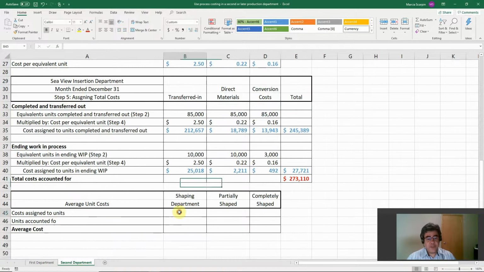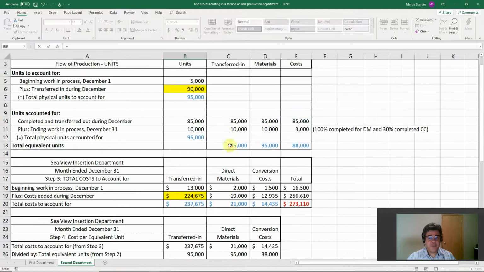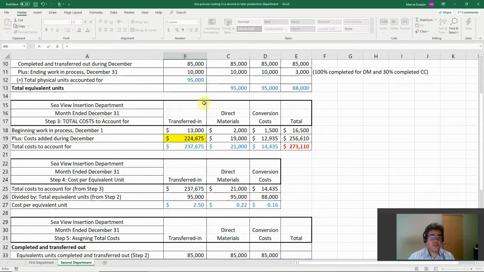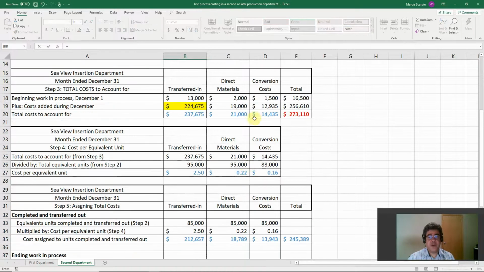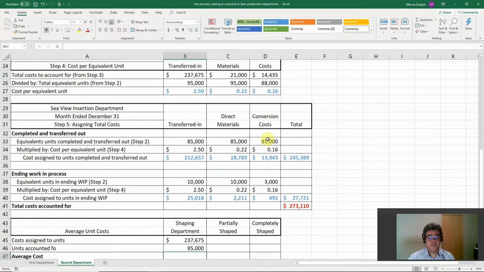And then the shaping department, that is the transferred in, cost assigned to units, 95. Oops, cost assigned to units is our total cost here, 237. Units accounted for is 95.